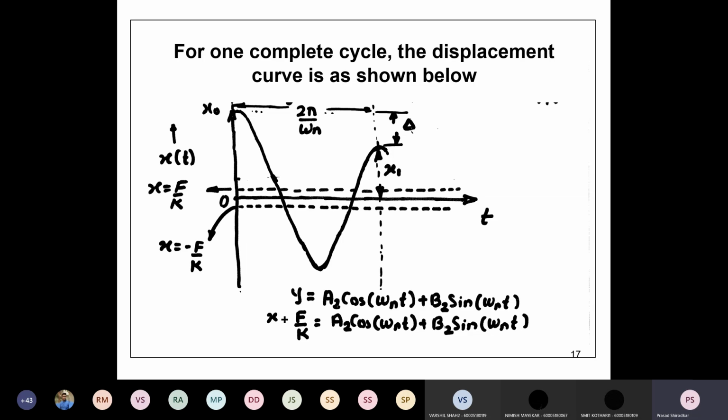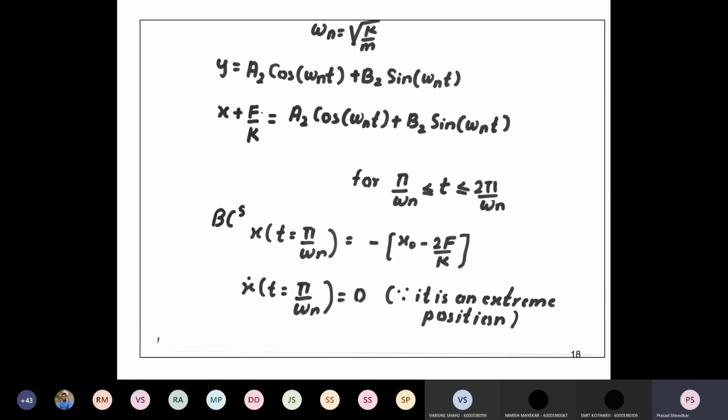The solution is y is equal to a2 cos omega n t plus b2 sin omega n t, and y is nothing but x plus f by k. Again we applied the boundary conditions and solved for a2 and b2. This is for the cycle from pi by omega n to twice pi by omega n.